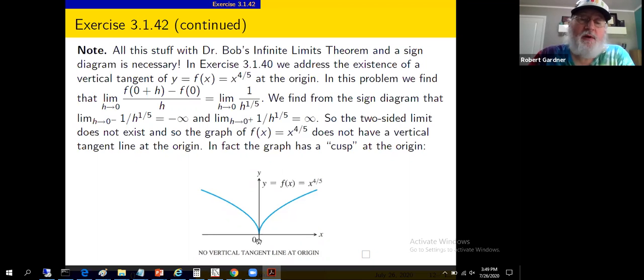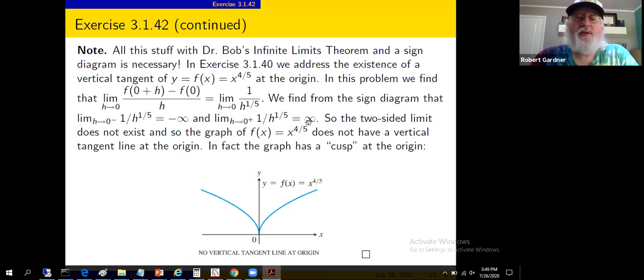Other side, over here, you take h closer and closer to 0, and when you make h small, you'll get really steep lines with negative slope. And that's the reason you're getting negative infinity for the limit as h approaches 0 from the negative side. So when the limits are the same, both positive infinity or both negative infinity, there's a vertical tangent line.